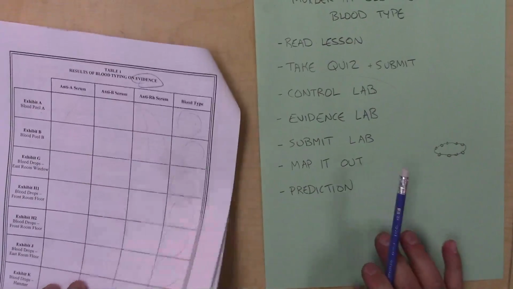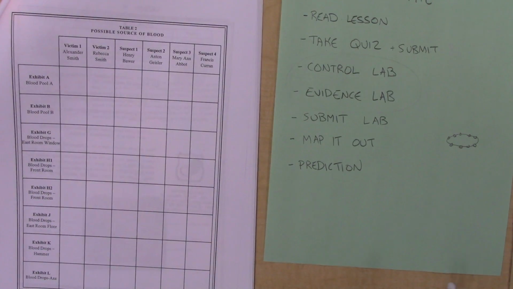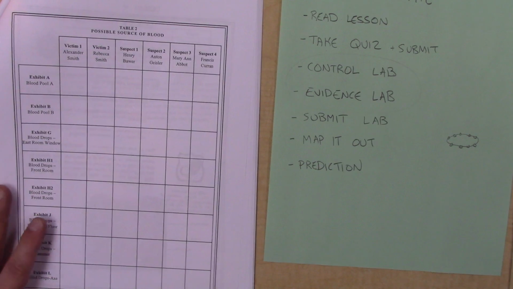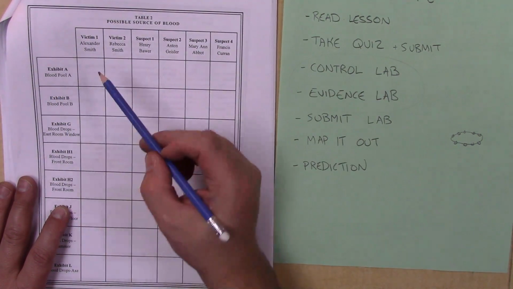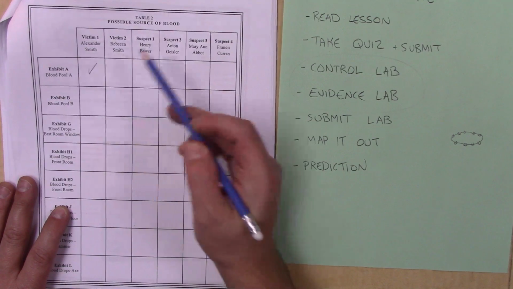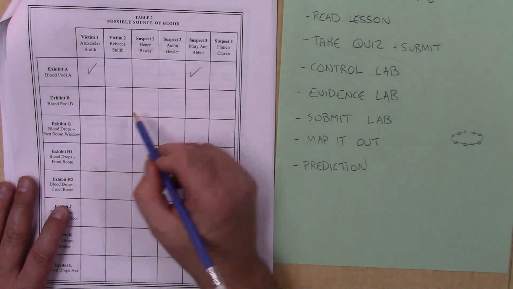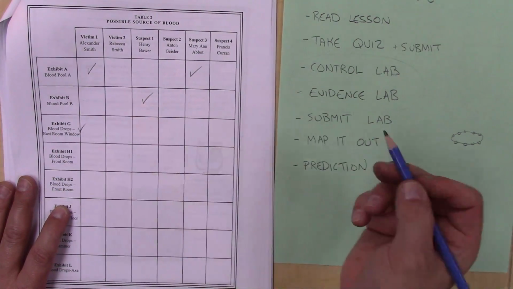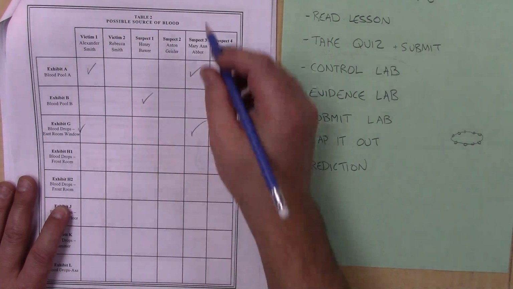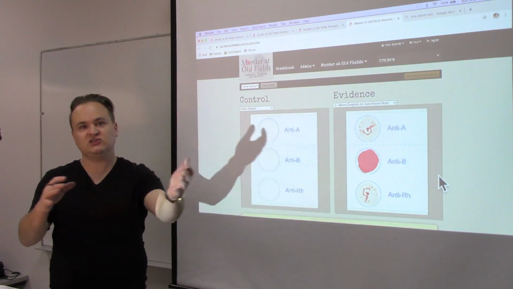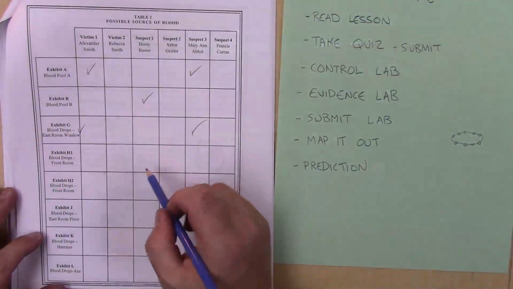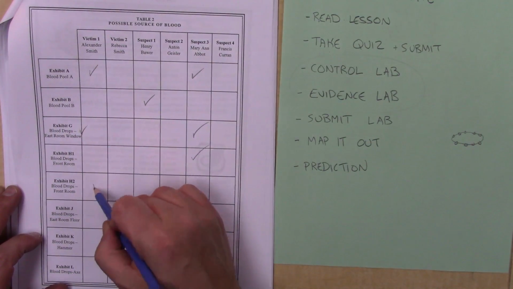And how can you do that? Well, this is really nice. The doc down here, you can say exhibit pool A. Well, if it matches, it could be this person maybe and that person. This one only could be that person. These are examples, I'm just pretending. But you have to compare the controls to the evidence and decide whose it could be.